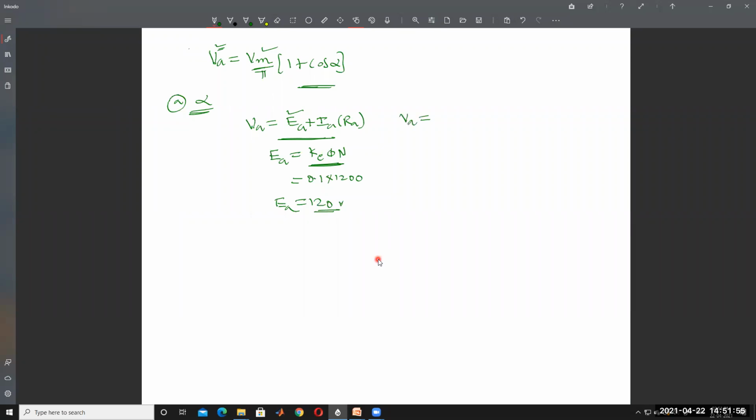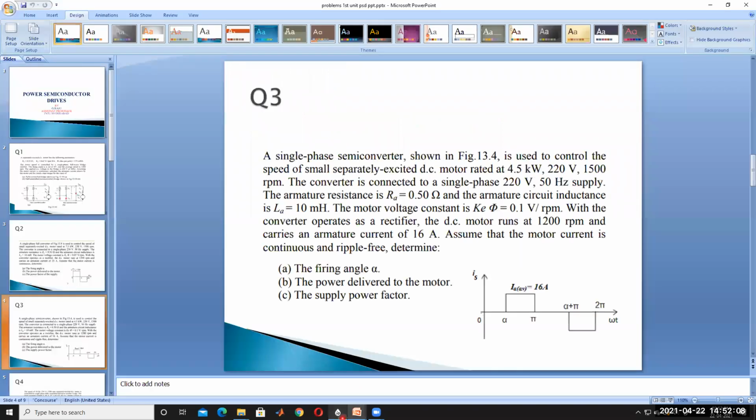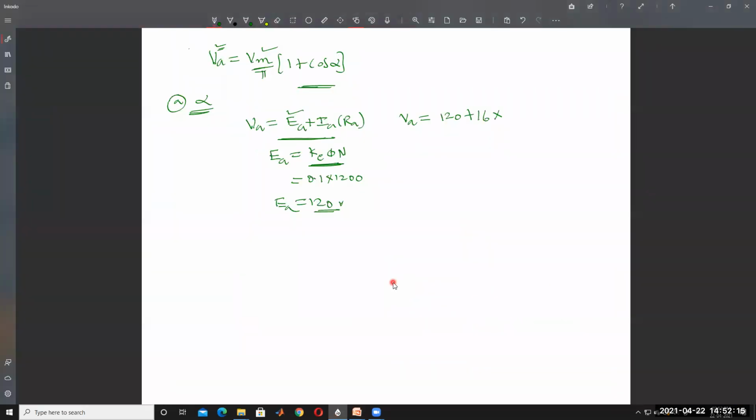VA is equal to EA, which is 120, plus IA into RA. The armature current IA is given as 16, and the armature resistance RA is equal to 0.5. Then you will get VA is equal to 128 volts. I got this much.